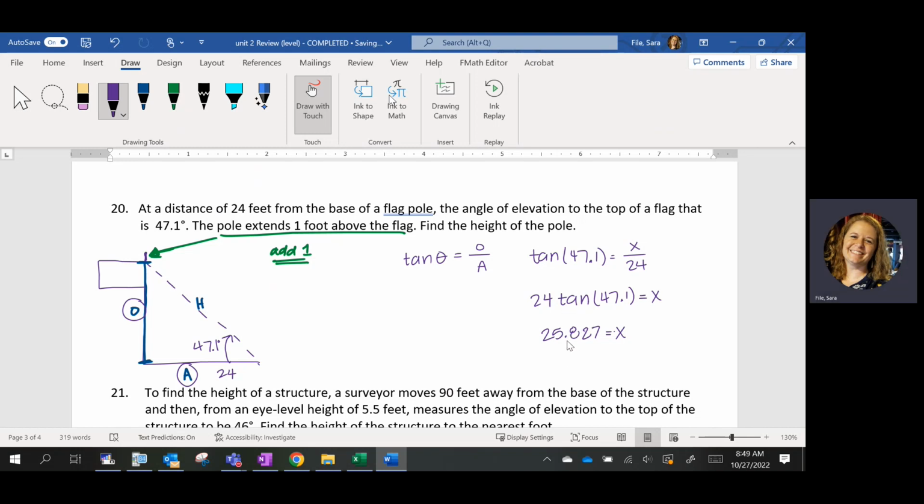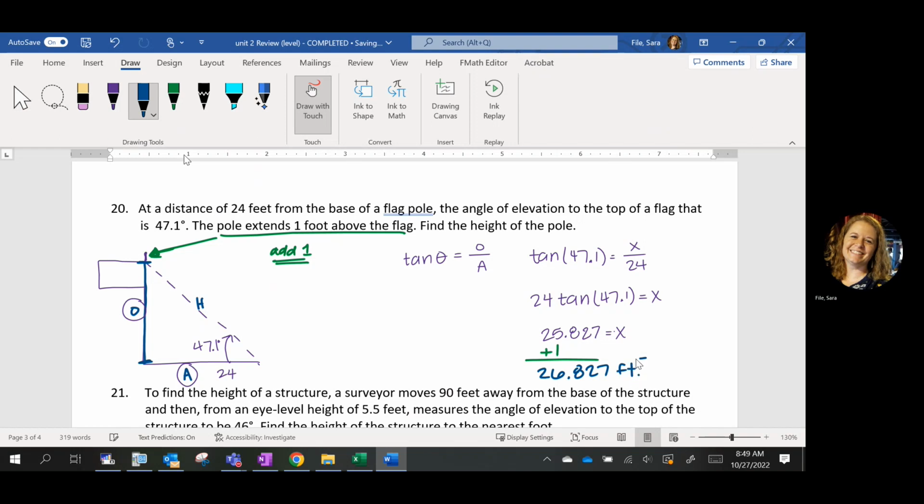Okay, we'll just keep this at thousandths right here, but don't forget, add 1 because the pole extends 1 foot above the flag. So my final answer is actually 26.827, and this was all measured in feet. So that is the height of the flagpole.